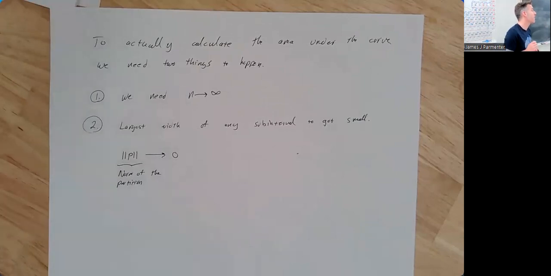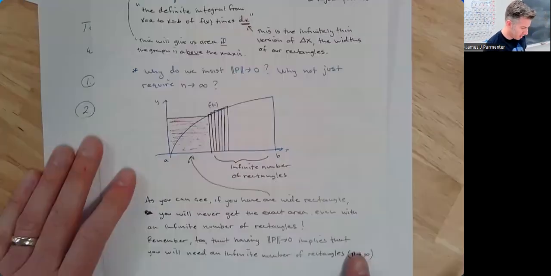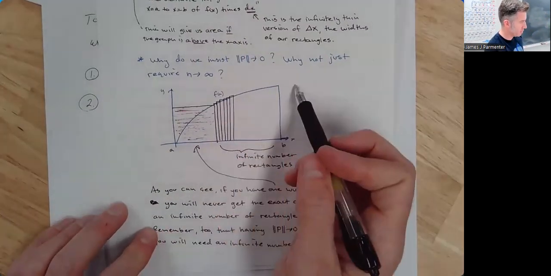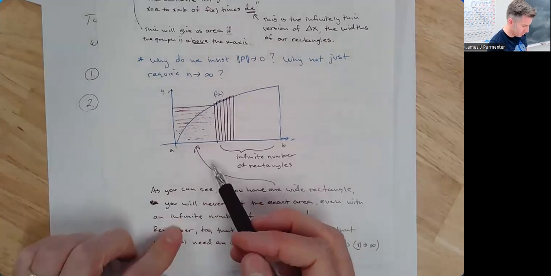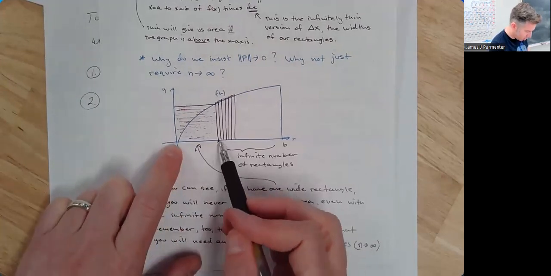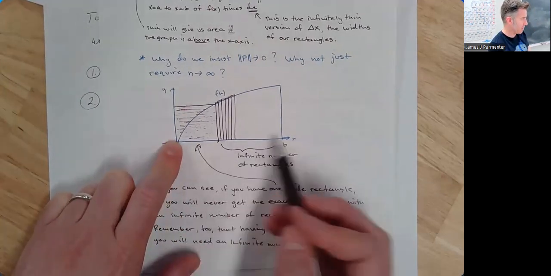Is it even possible for n to approach infinity and the norm of the partition not approach 0? Yes. Here's an example. I'm not going to draw because it's already drawn for me. Here's an example of a region under the square root function where you've defined your partition in a way so that this part here always looks like this, and all of these are getting smaller, smaller, smaller.